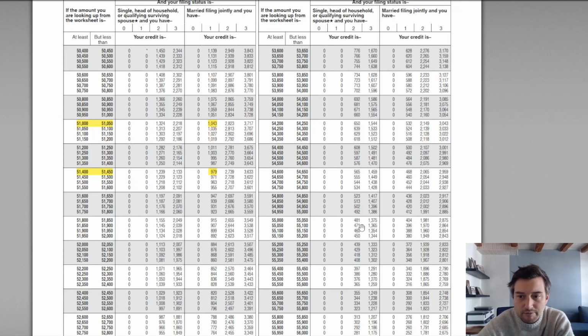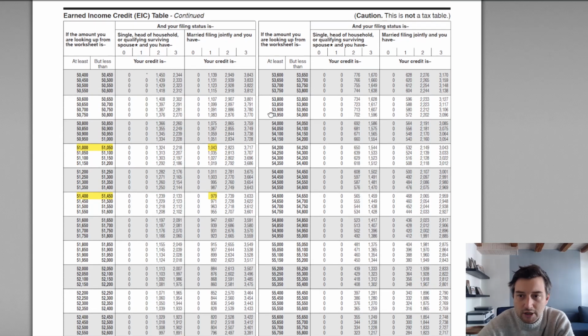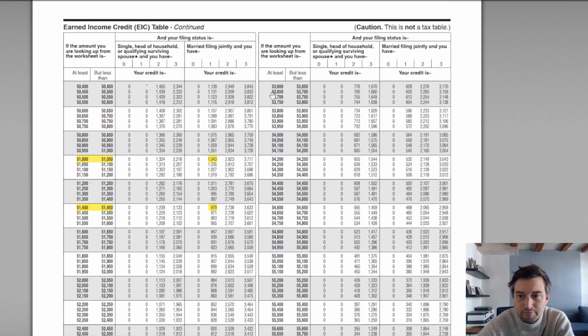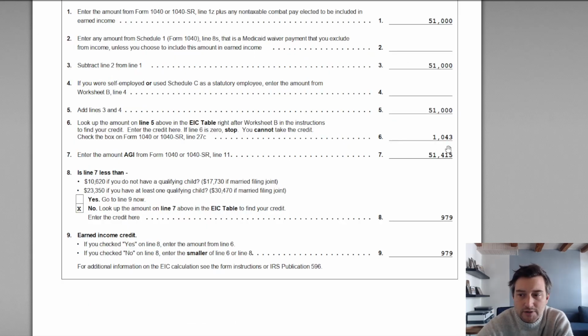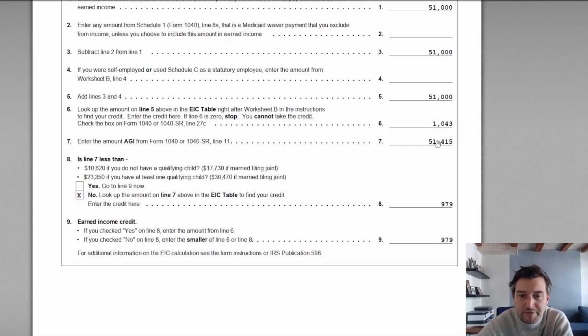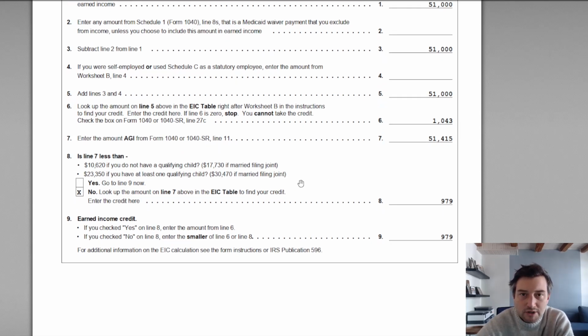So for example, if they had income of, let's say, $53,600, and they were a single filer with 1 qualifying child, notice the balance there is 0, so they can't claim the EIC. All right, but in our case, we do have a balance there, so we are going to be able to claim a credit. So $1,043 is the credit amount, and then now we do the credit computation again based on our total AGI.